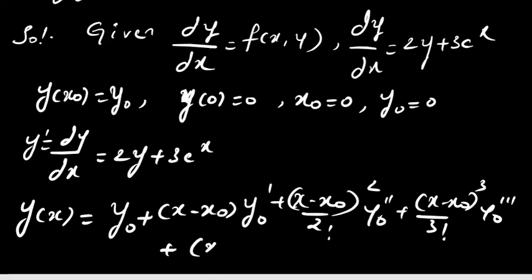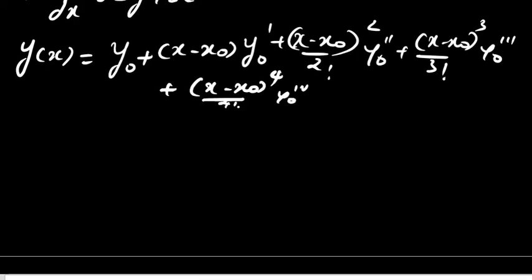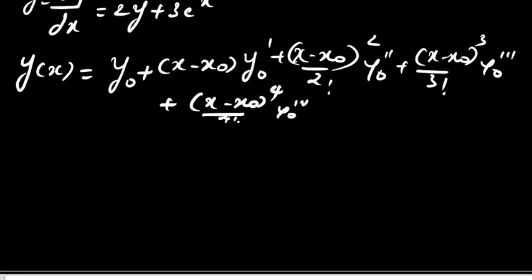Similarly, (x minus x naught) power 4 by 4 factorial, y fourth derivative. It is well and good up to fifth derivative. Fourth is also fine. So here we can see, we know y naught, we know x naught. We are supposed to find the value of y when x is equal to 0.2.